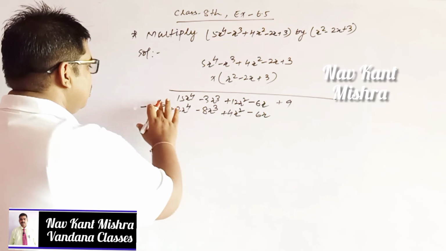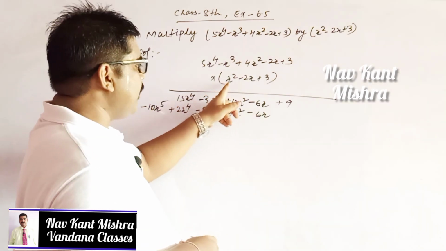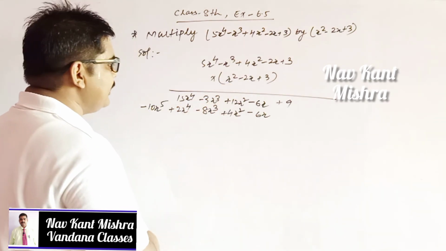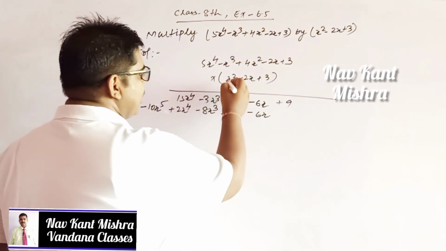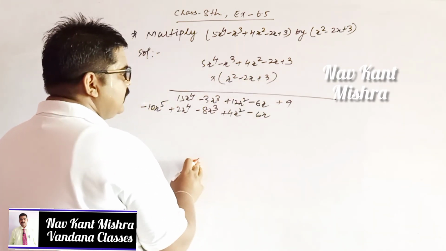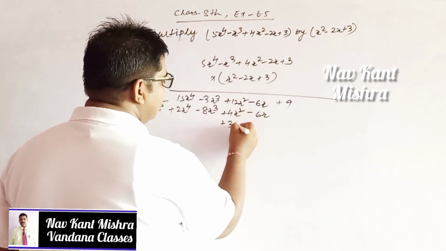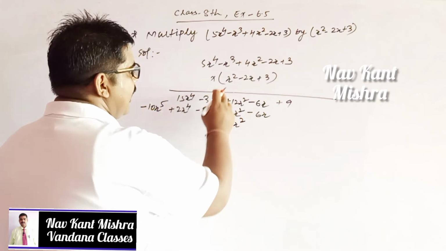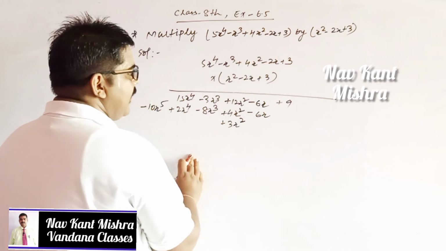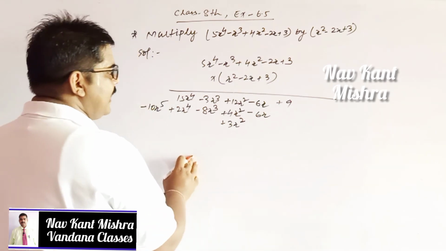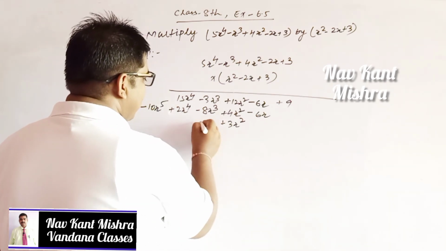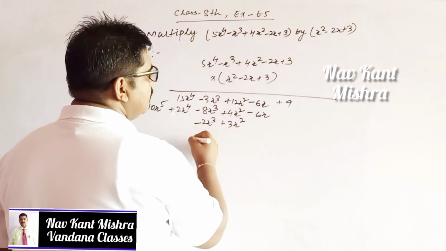Similarly, you have to multiply x squared by each of these terms. When x squared is multiplied by 3, it is equal to 3x squared, and you write it in a separate column. X squared multiplied by minus 2x is minus 2x cube, and you write it in this column.